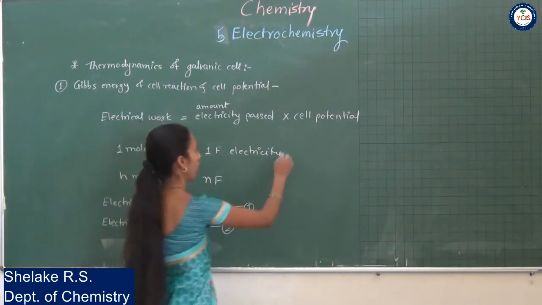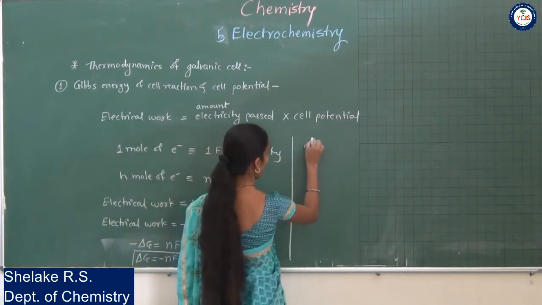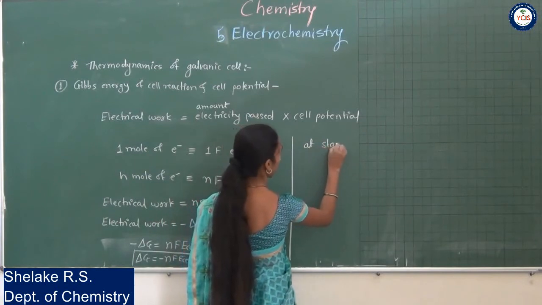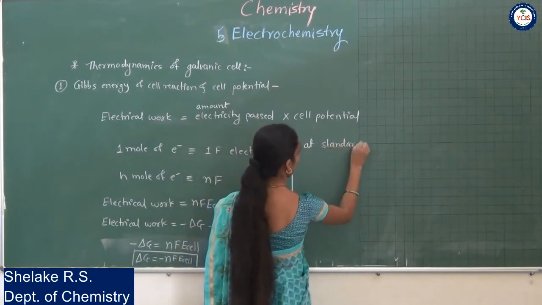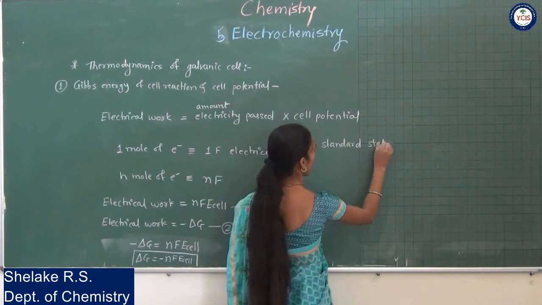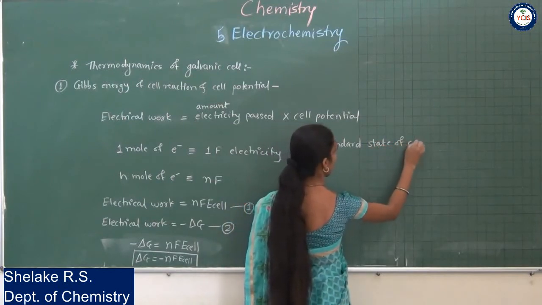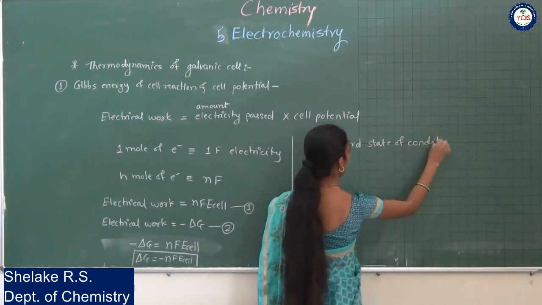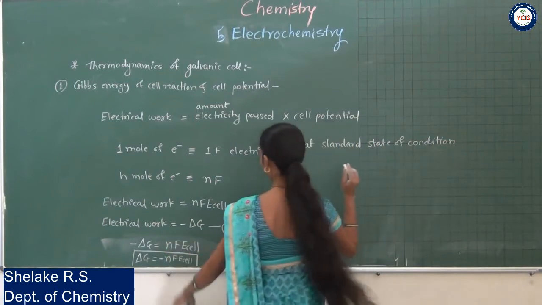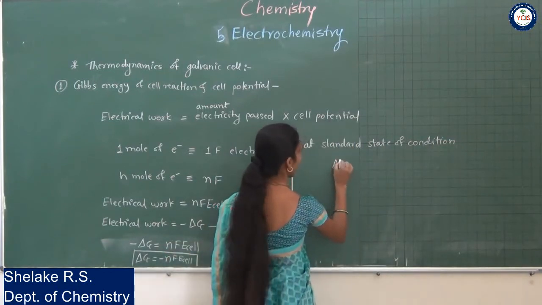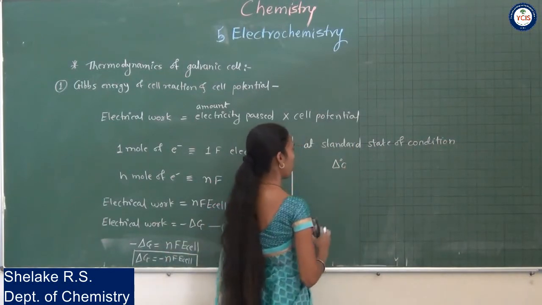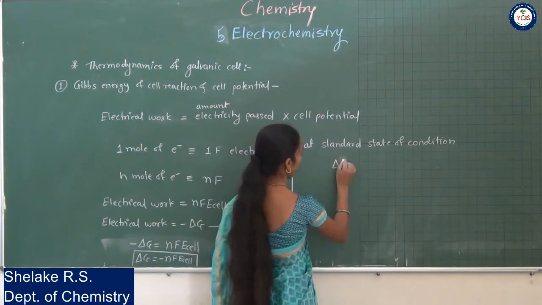From that, at standard state of condition, this equation, how we can write it down? Delta G0, in this way you can write it down.